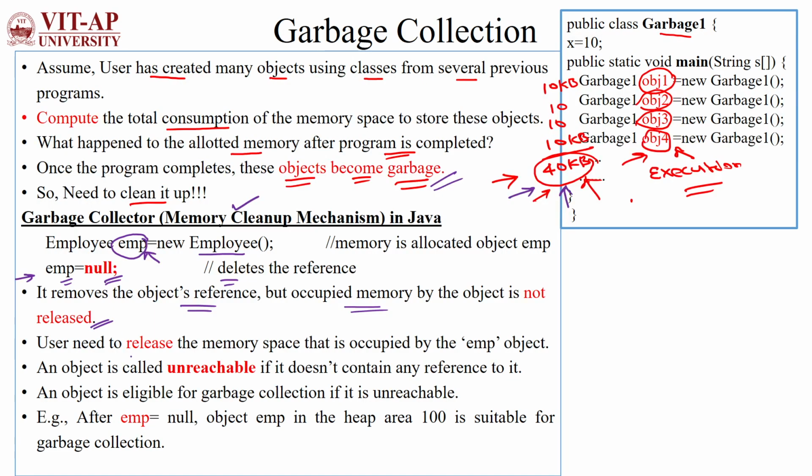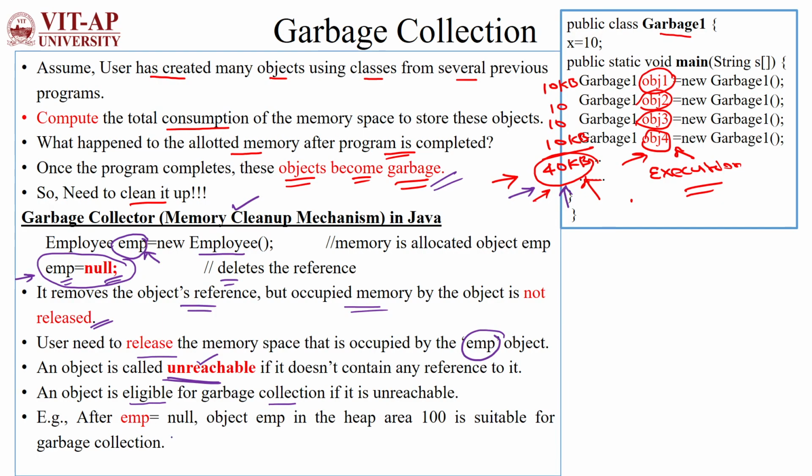So we have to release the memory space occupied by the emp object. For that we have to make this object unreachable. How? We make emp equal to null. Then with a null reference, this object automatically becomes unreachable, and once it is unreachable, it is eligible for garbage collection.